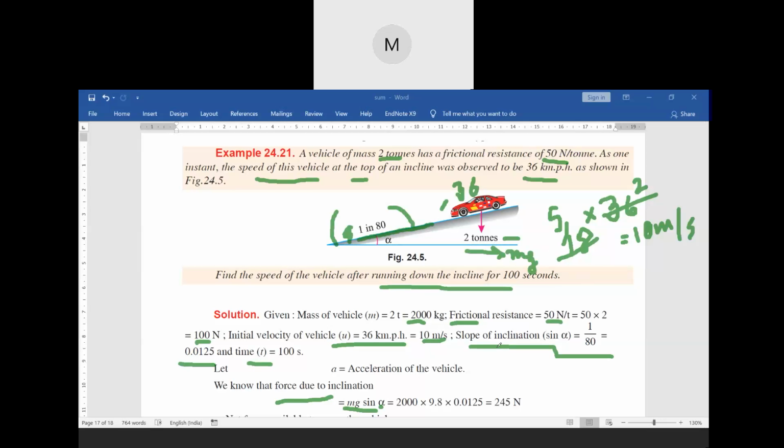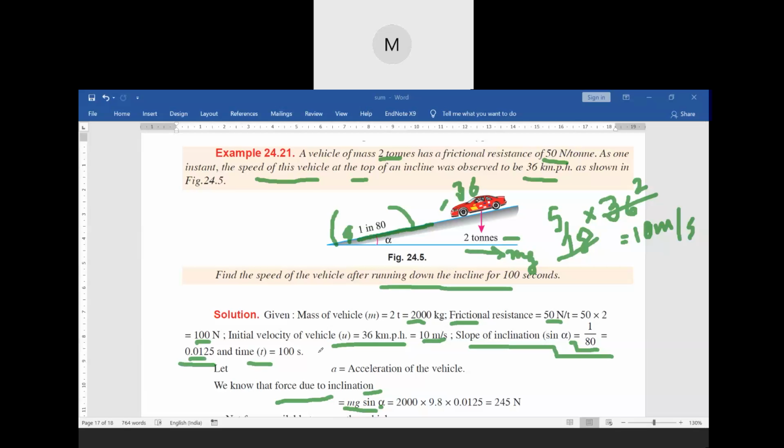Here sine alpha is given, not alpha: 1 in 80 means sine alpha is 1 by 80, which is equal to 0.0125.